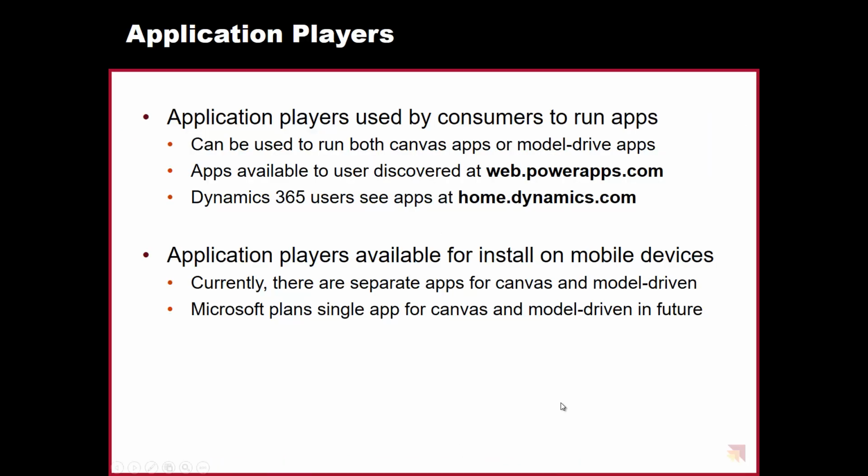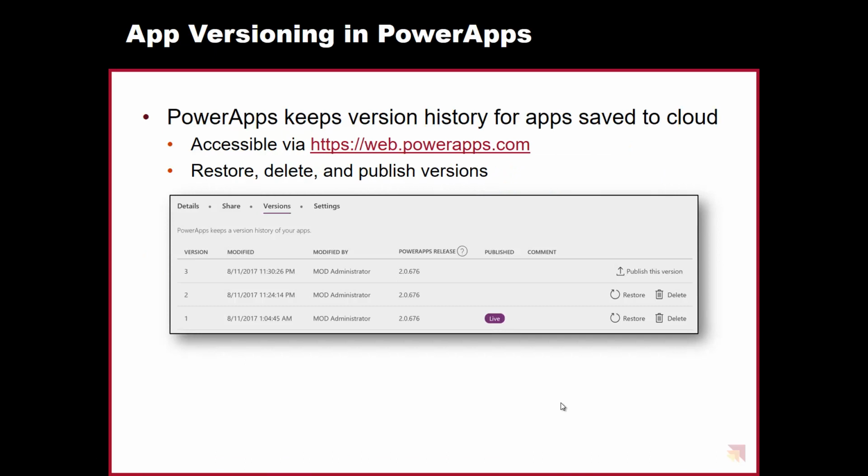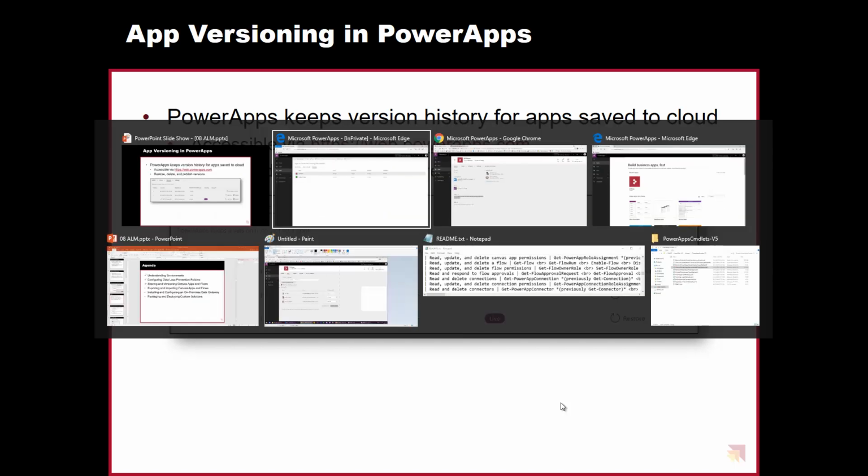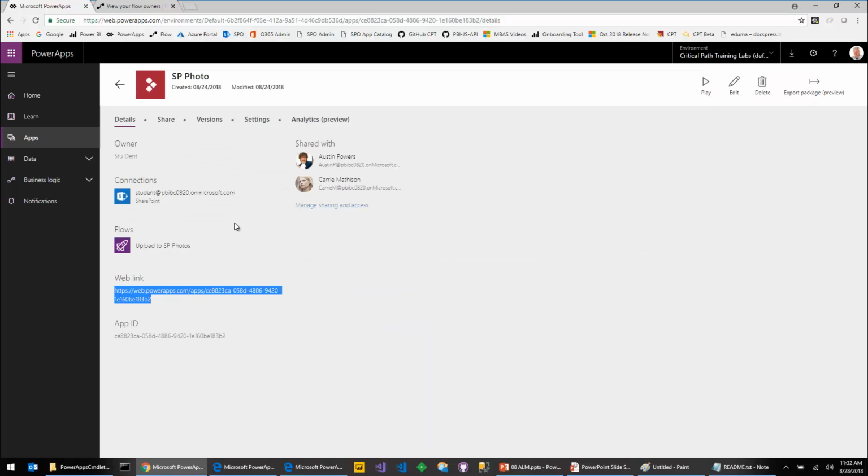The next thing we're going to talk about is app versioning. When we modify our apps, what we're able to do is batch all our updates and publish them all at once. So if I have an app inside here, and so here are the details.